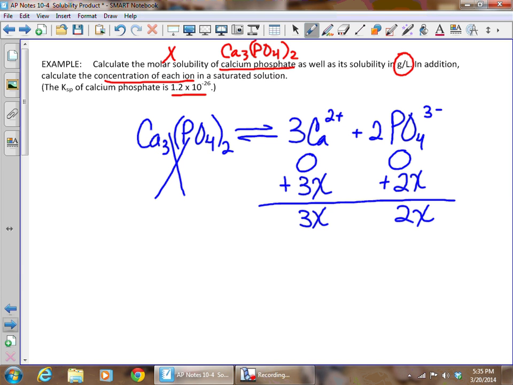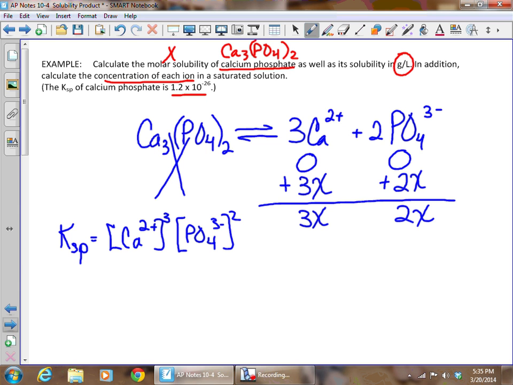We can write that equilibrium expression then as Ksp being equal to the concentration of the calcium ion cubed times the concentration of the phosphate ion squared.